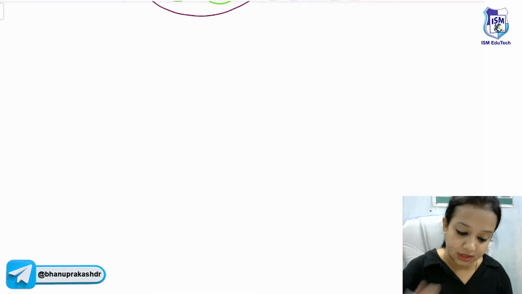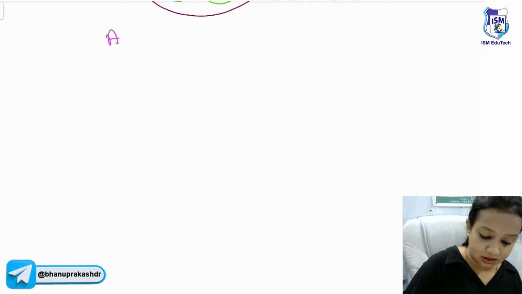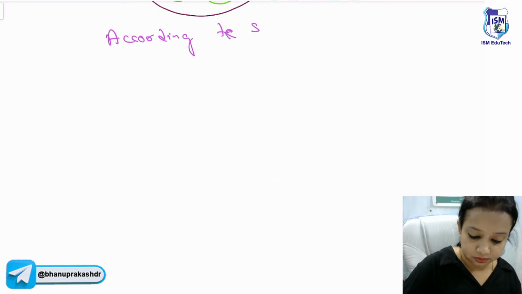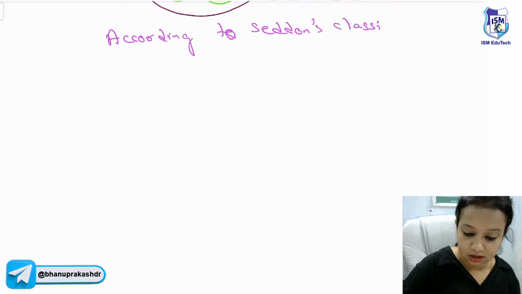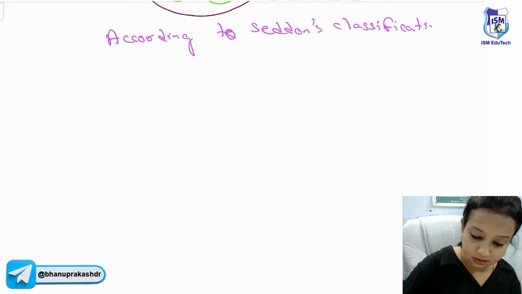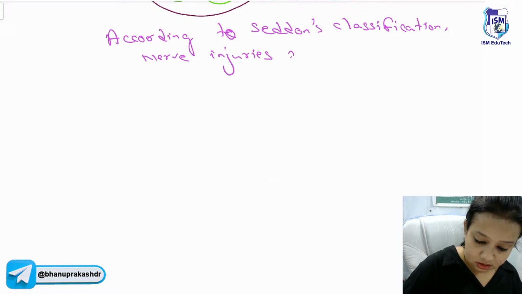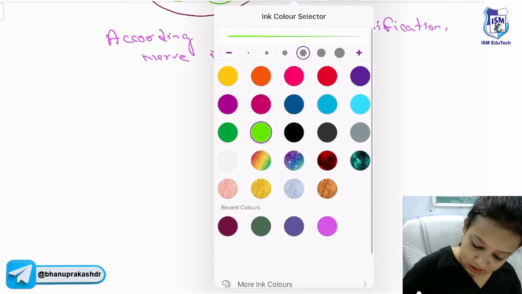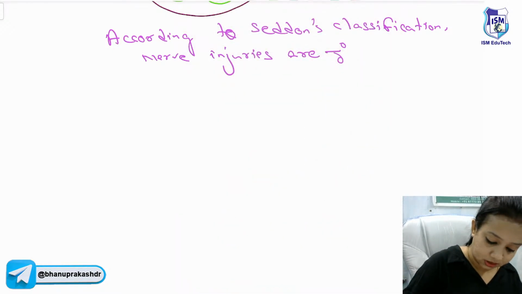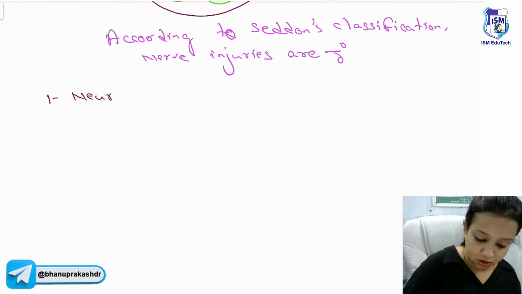Okay, so there are basically three types of classification according to Sunderland's classification. Nerve injuries are of the following types. Number one is neuropraxia.